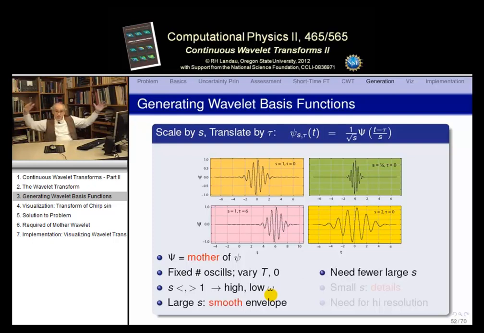So large S corresponds to large scale. That's the general shape of an object. If we want to outline what the object is, we just say, okay, it's like this. It's broad shape. It doesn't need too much information. So you don't need to store a lot of information about large scale, because once you get the general shape down, you've got it. You don't need more information on that.